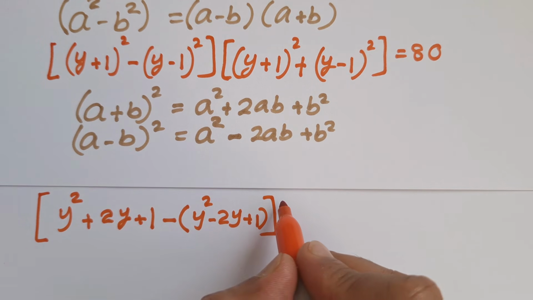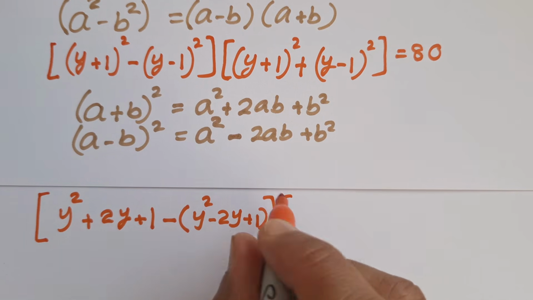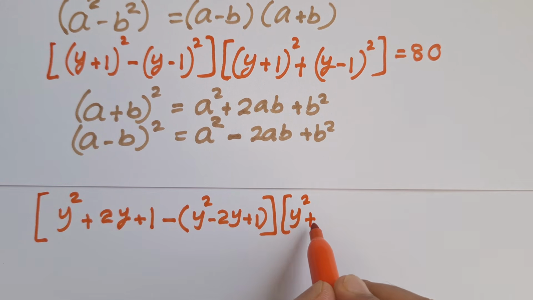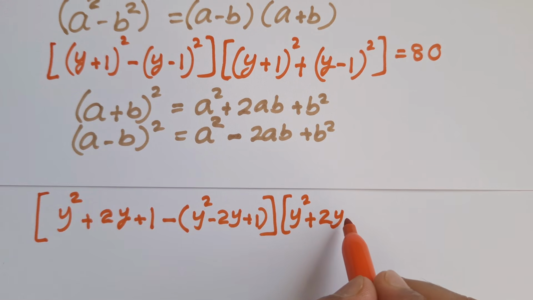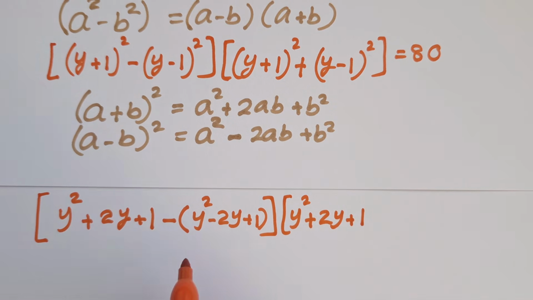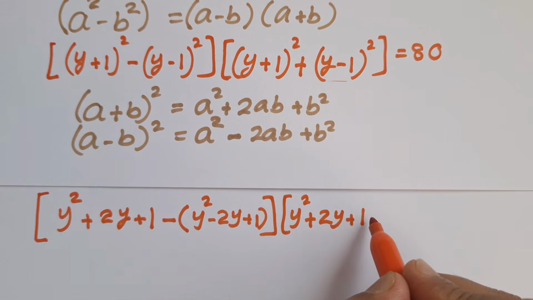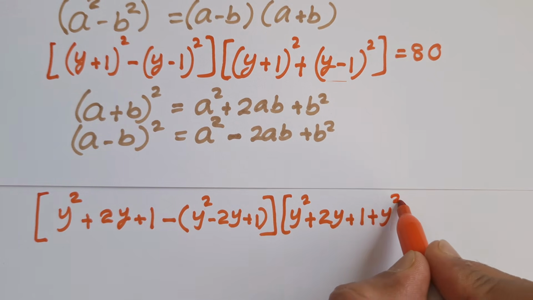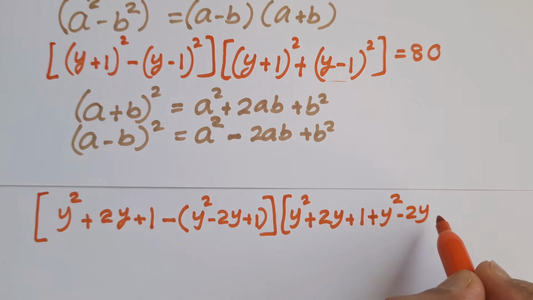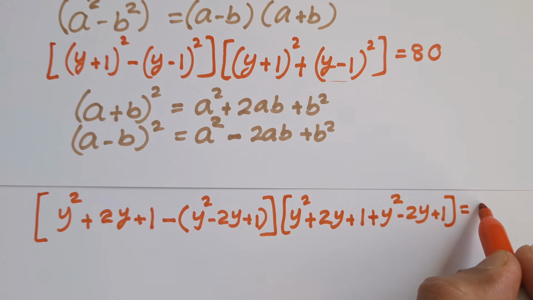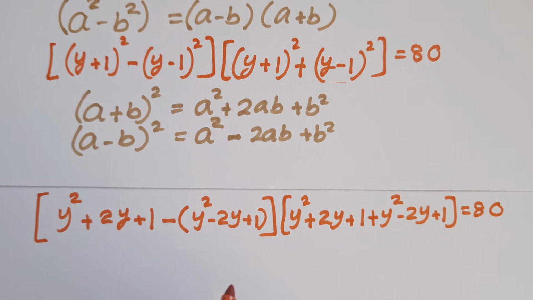In the second bracket, I will have y squared plus 2 times y plus 1, plus y squared minus 2 times y plus 1. Close the bracket, is equal to 80.